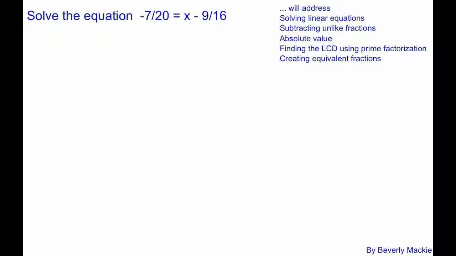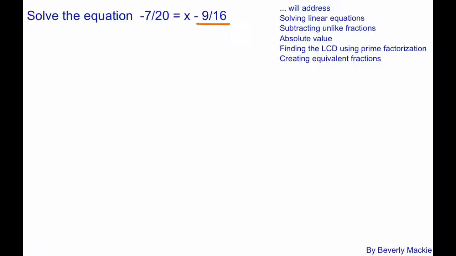So, let's actually do that. We're going to leave x on the right side. Instead, we're going to use the addition property of equality to move 9/16. What I tell my students is, whatever you see here, just do the opposite. So you have a minus 9/16. That means we're going to add 9/16 to both sides.